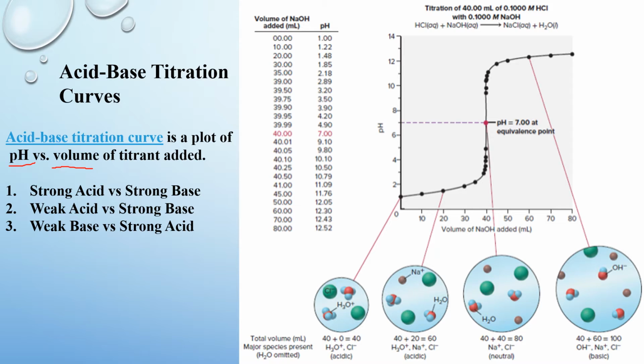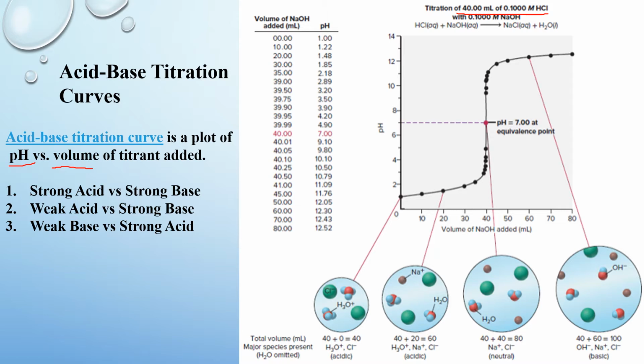The figure on the right is an example of the first type of titration curve, which is between strong acid and strong base. Originally you have a certain volume of acid with a certain concentration, and then you start to add the base into the acid.